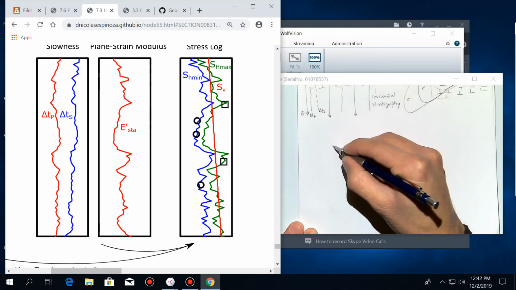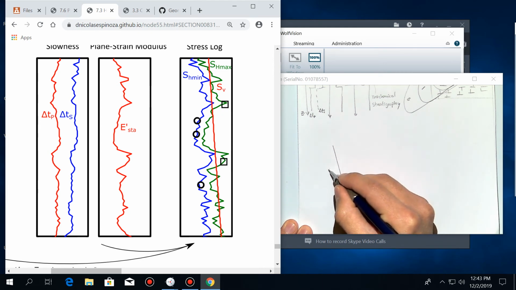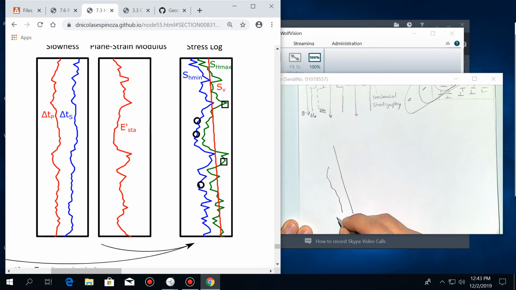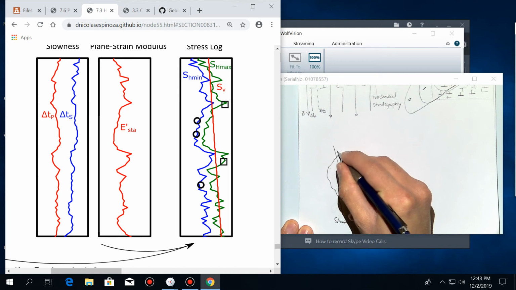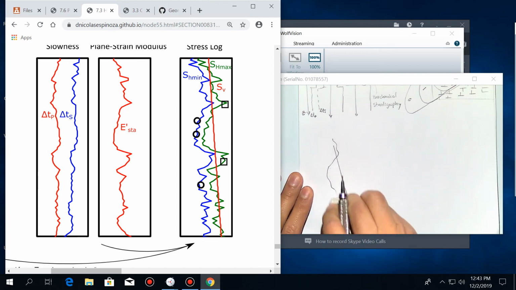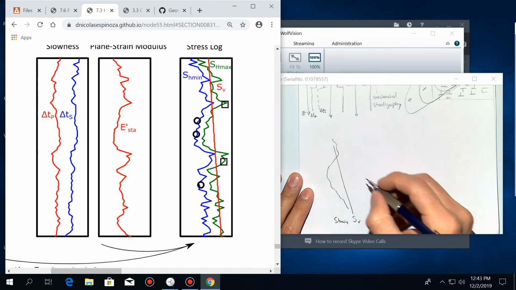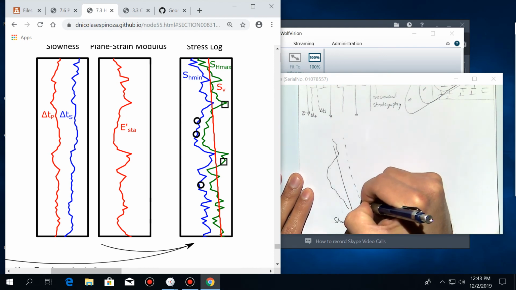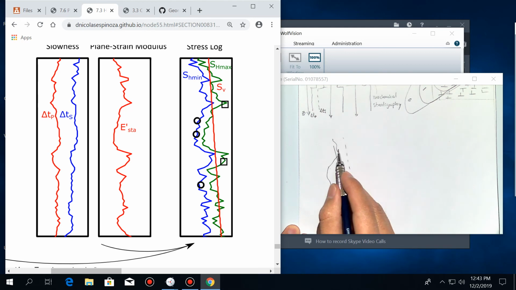So let me see if I can recreate this in here. So think about that. And we're saying that this does something like this. And what happens at this point if the fracture continues propagating?